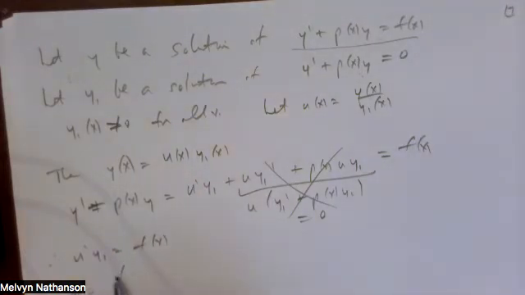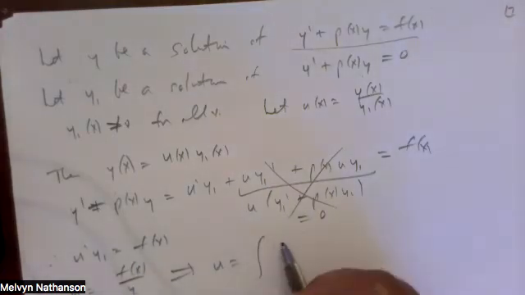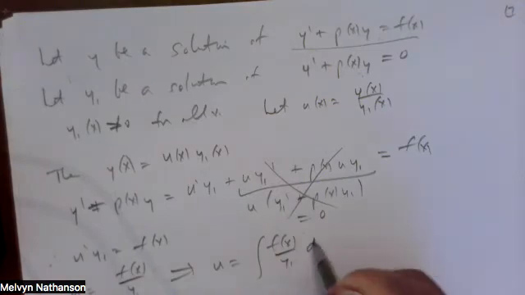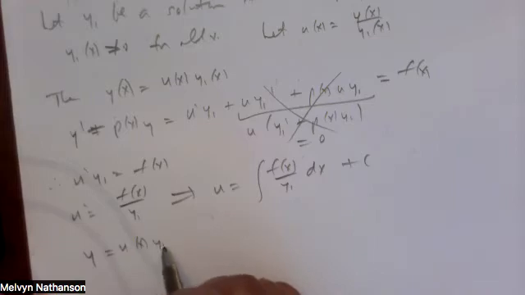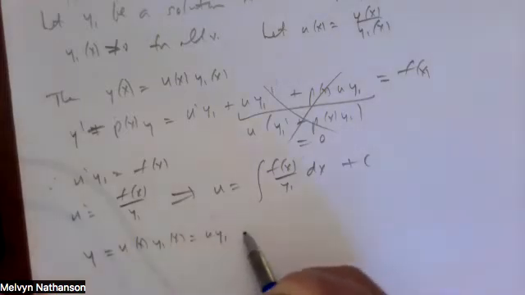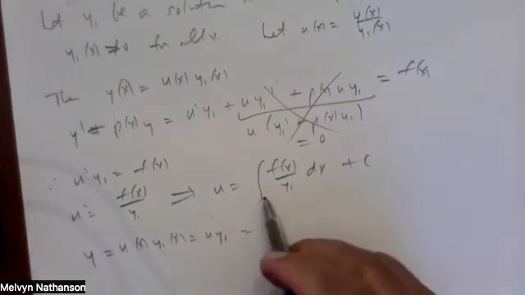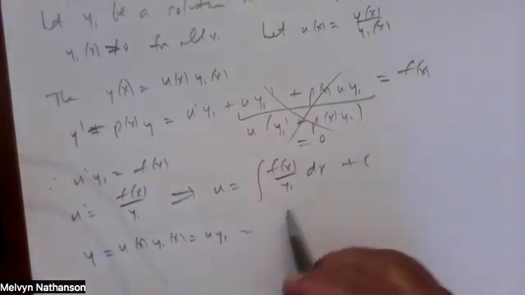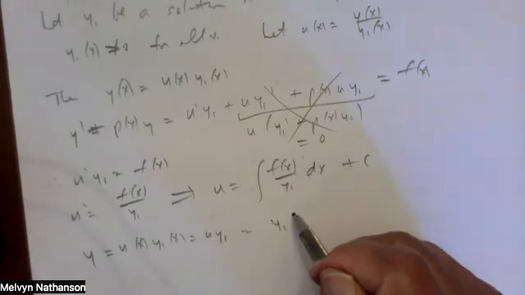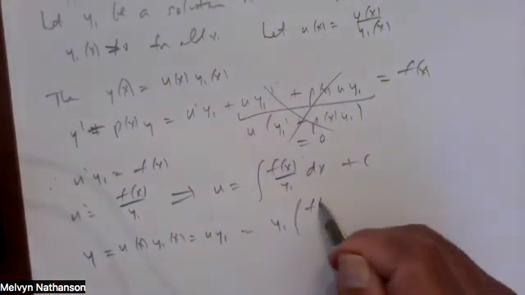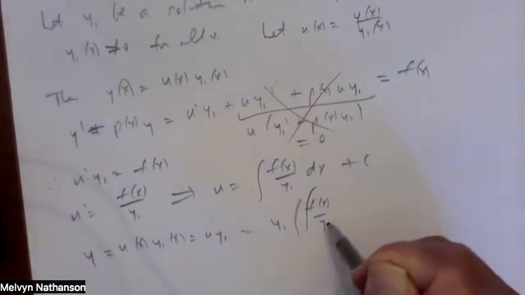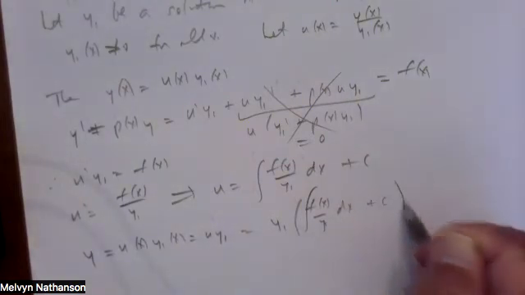So u prime is always equal to f of x over y1, which means u is the integral of f of x over y1 dx plus a constant. Which means y, which is u of x times y1 of x, or uy1, is y1 times the integral of f of x over y1 dx plus a constant.